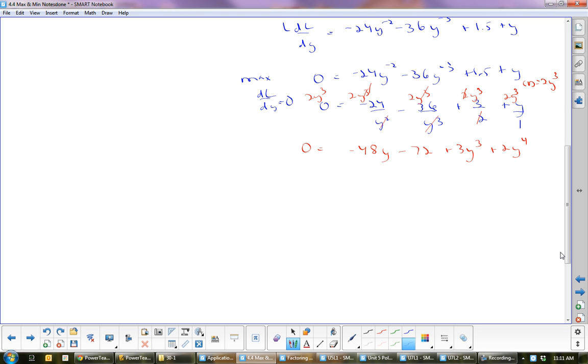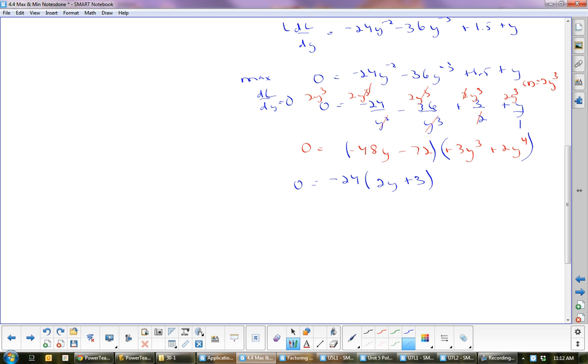Now this seems kind of still pretty out there, but if you just put a set of brackets around here, a set of brackets around here, do some grouping. Can I take anything out of the first group? Okay, I'm going to take out a negative 24. That would leave me with 2y plus 3.